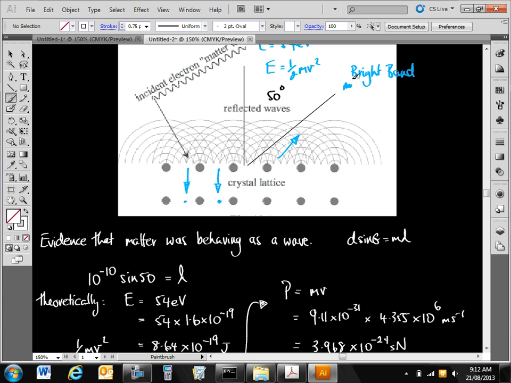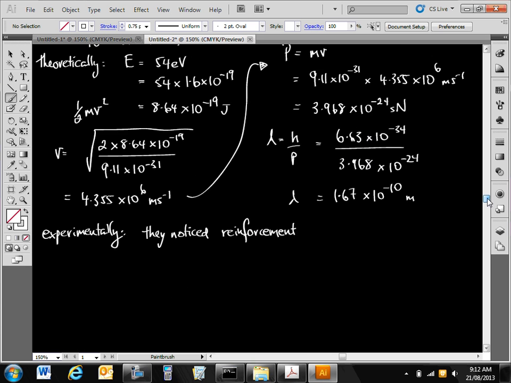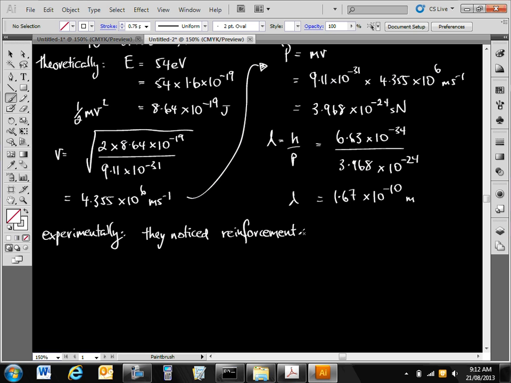We noticed a reinforcement line, or constructive interference, occurring at 50 degrees.